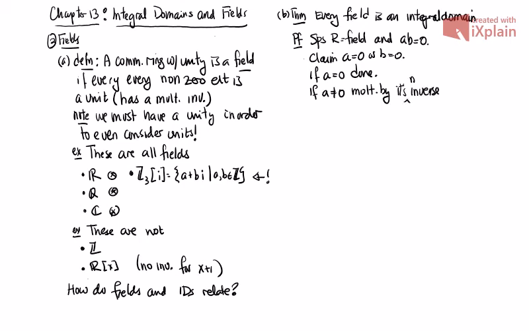And then we get b equals 0. And that's the end. So this tells us that if you're a field, then you're an integral domain.